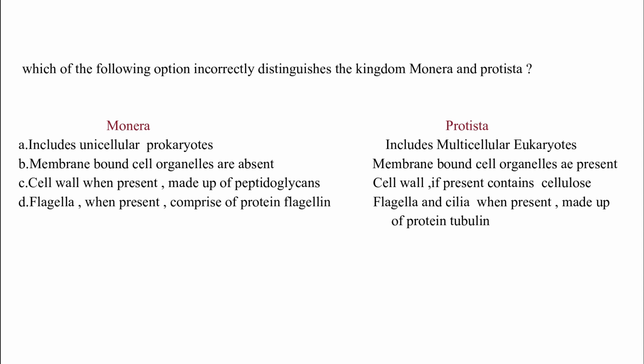Option D, in Monera, flagella when present comprise the protein flagellin; in Protista, flagella and cilia when present are made up of the protein tubulin. The correct answer is option A, which is Monera include unicellular prokaryotes and Protista include multicellular eukaryotes. This option incorrectly distinguishes the kingdom Monera and Protista.